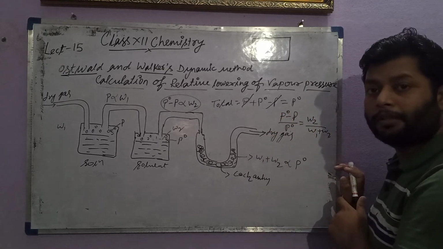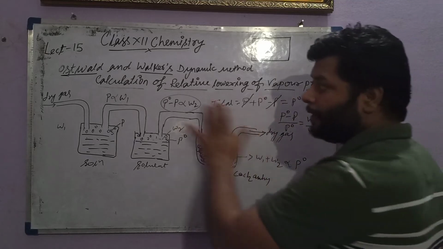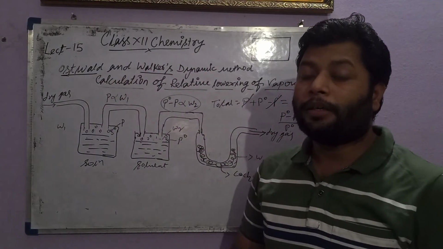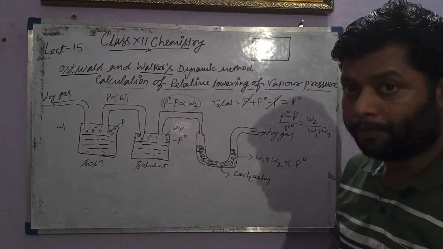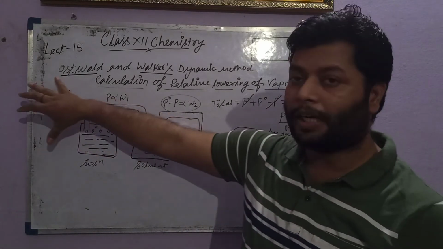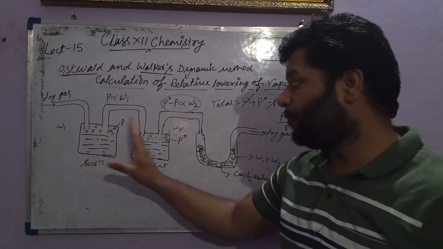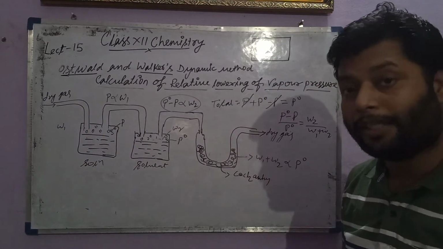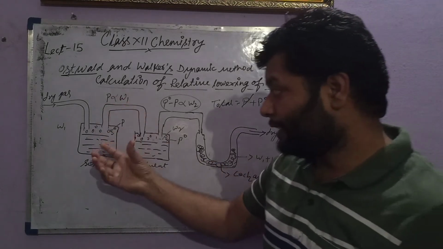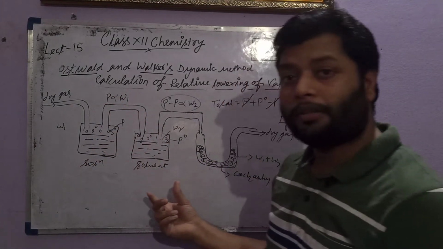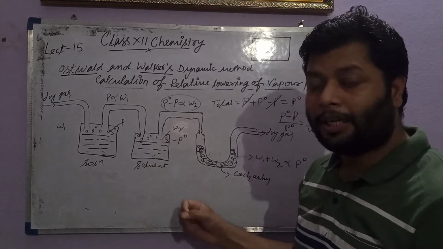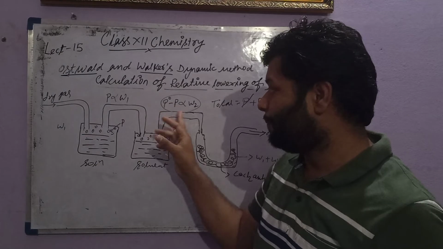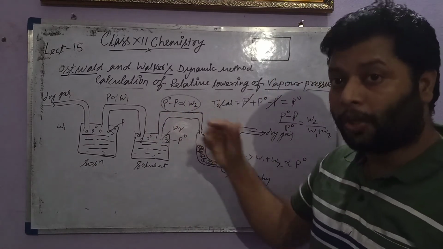That is called relative lowering of vapor pressure. So this is the Ostwald-Walker explanation about the relative lowering of vapor pressure. We use dry gas passing through two different vessels, one having a solution and the other having a solvent. We look at the weight loss in the solution vessel and the solvent vessel, and the relationship of that weight loss with the vapor mixed with dry air.